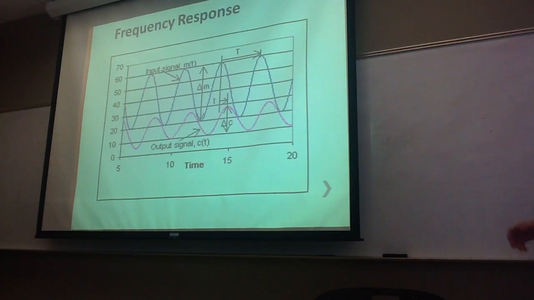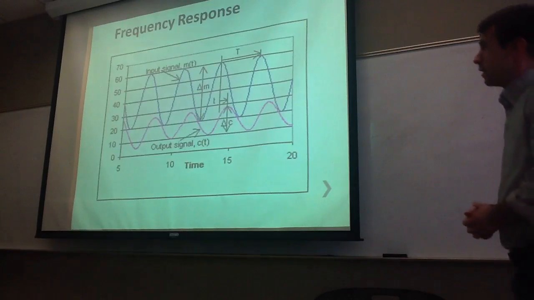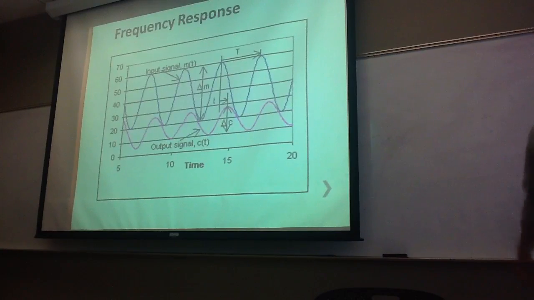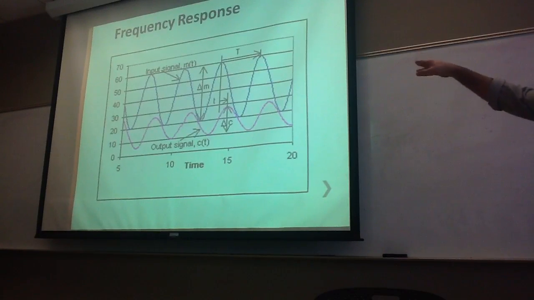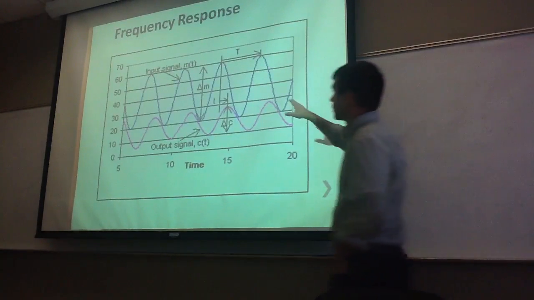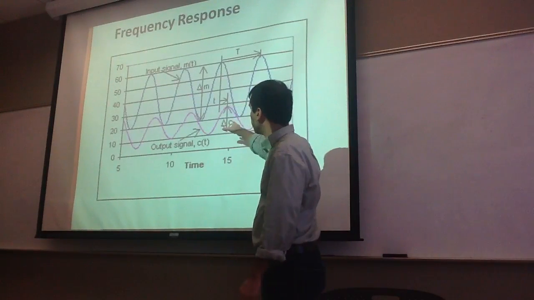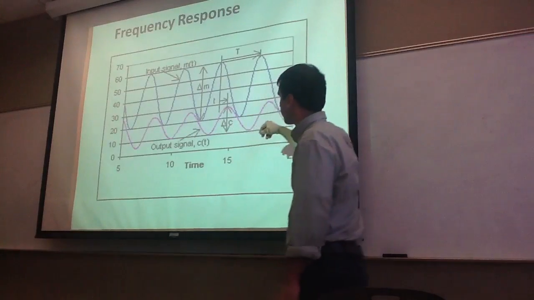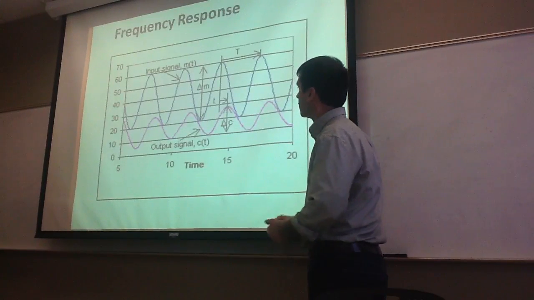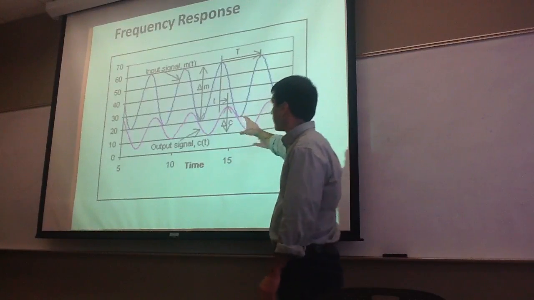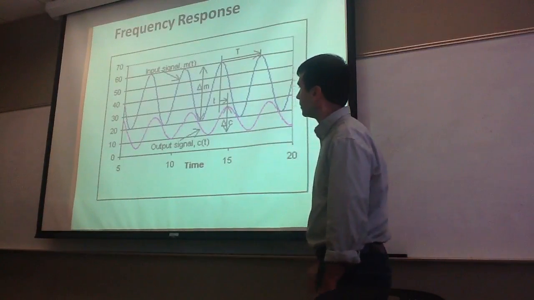Okay, this is just a screenshot of how we found those measurements there, the peak-to-peak input right here, and then peak input to the peak output, and of course here's the delta C and delta M.